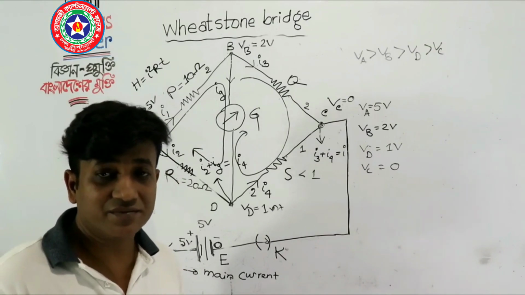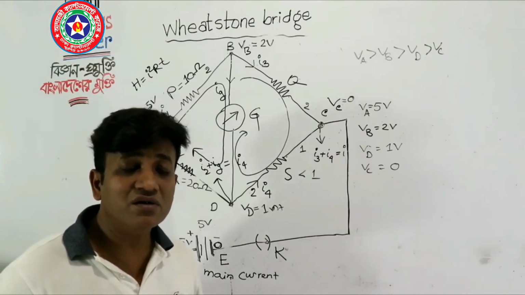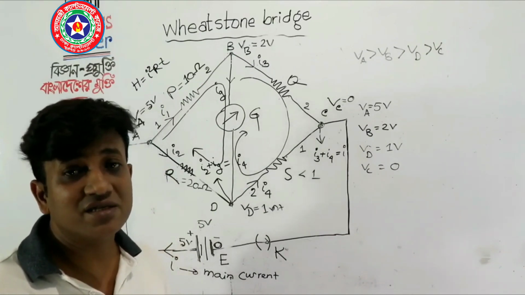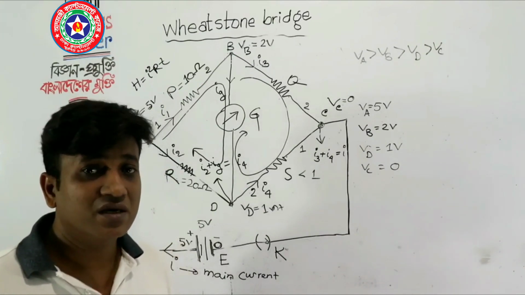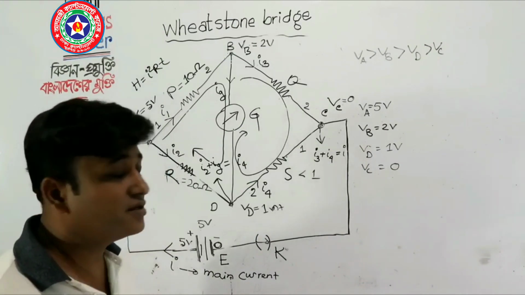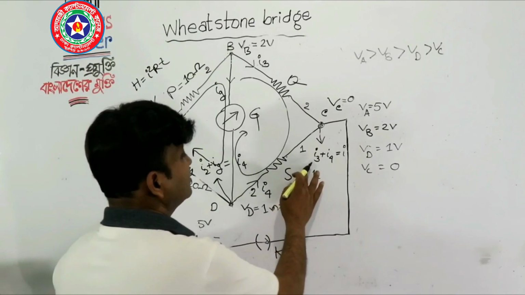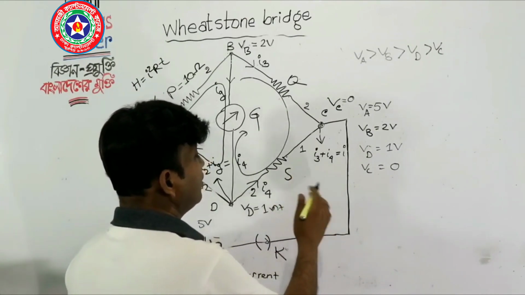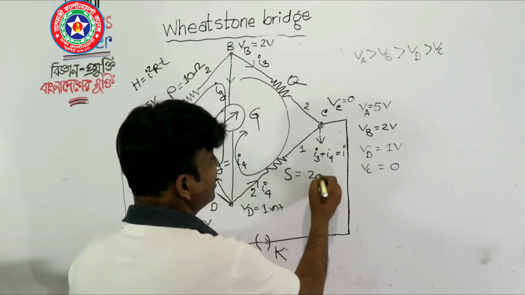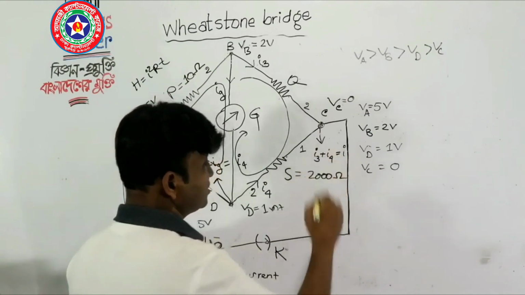Again, we also cannot determine the high resistance of a conductor. The cause is that if the resistance of the conductor is high, then the value of S will also be high. Suppose it is 2000 ohms.